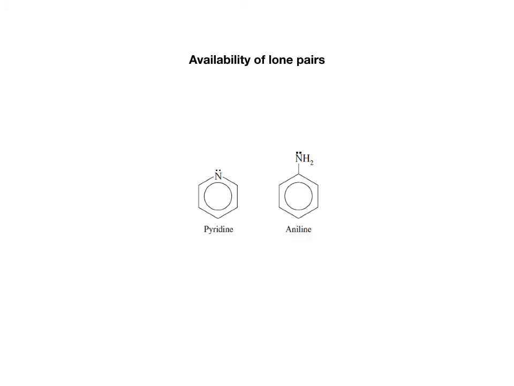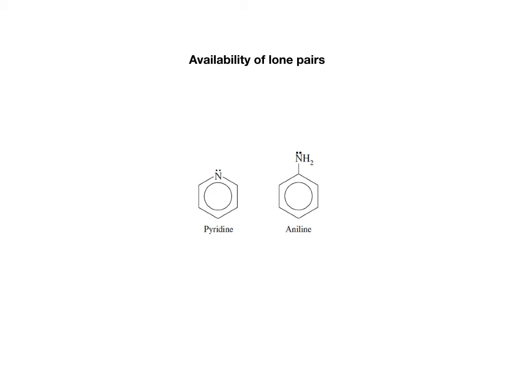All right, on this slide, I showed two molecules, pyridine and aniline. If you look at these two molecules, you'll find their sizes are similar and the structures are similar too, with one important exception. In pyridine, the lone pair of nitrogen does not have any interaction with the pi system.